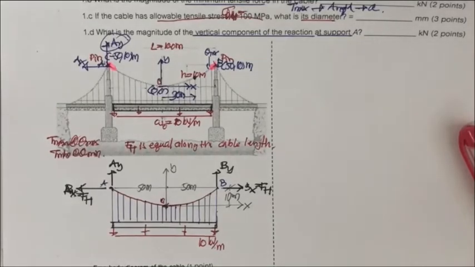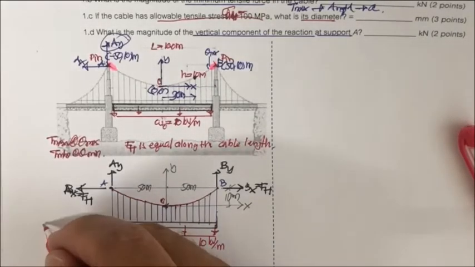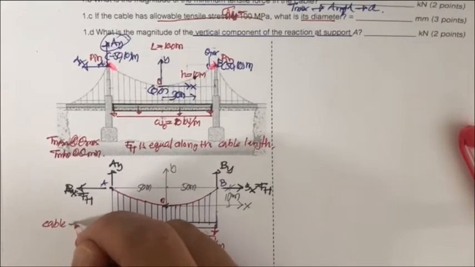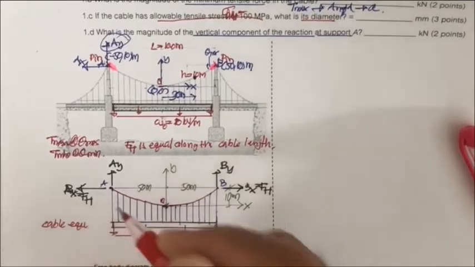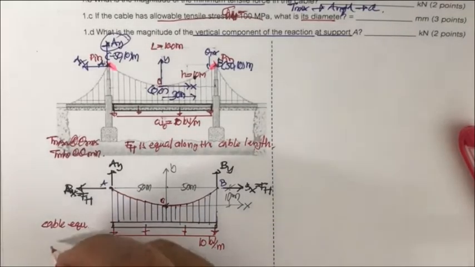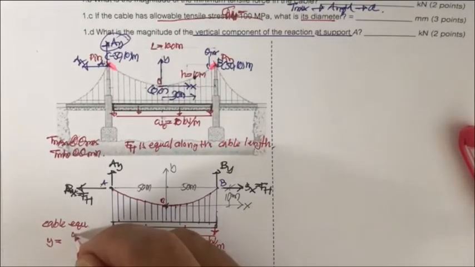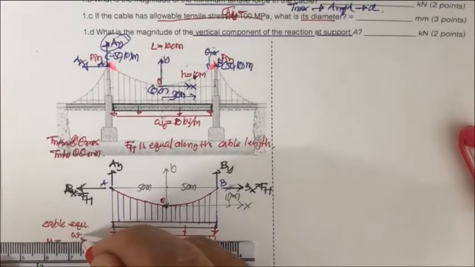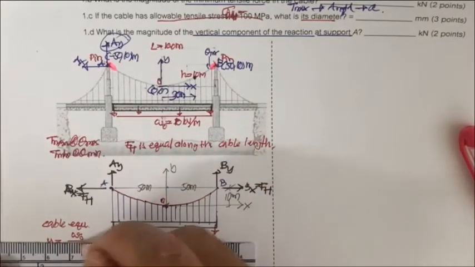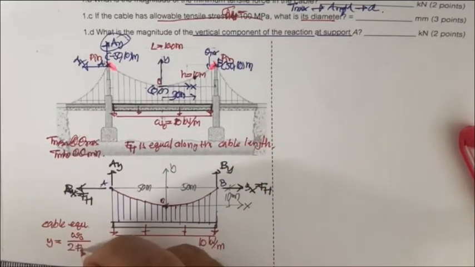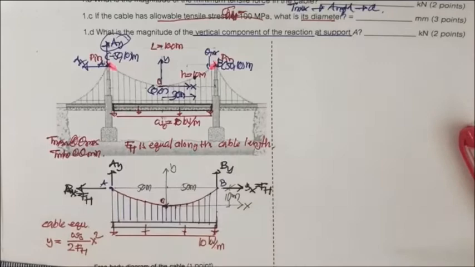And then what you are supposed to go further with is the cable equation. The cable equation is the parabolic equation. It is y equal to w sub naught divided by 2 F sub h times x squared.